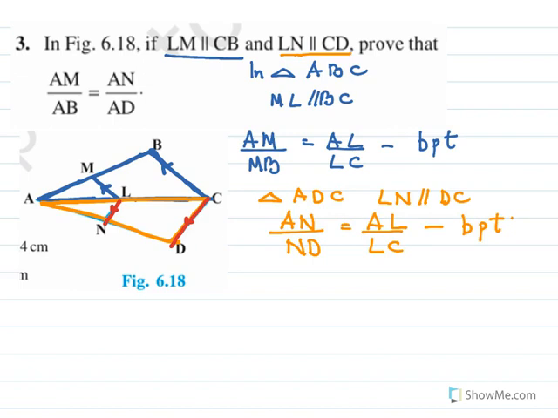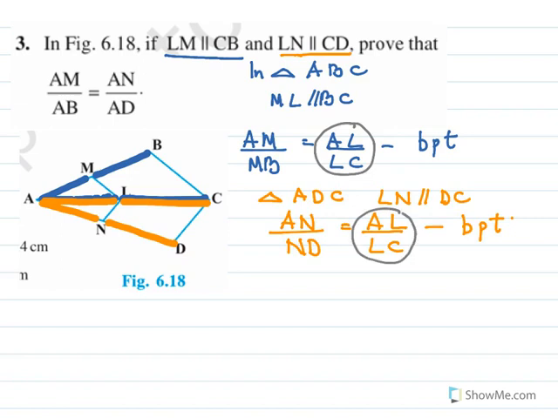So in the first one, we proved AM over MB equals AL over LC. And in the second, we have proved AN over ND equals AL over LC. If you notice here, our AL over LC is common.